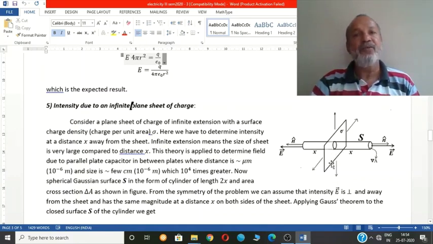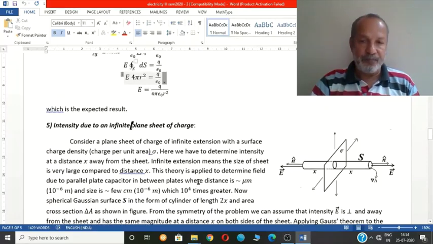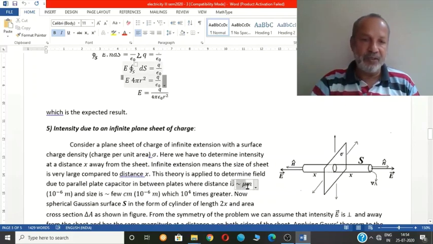Actually, this is true in the case of a capacitor, because between capacitor plates, the distance will be of the order of micrometer, which is 10 raised to minus 6 meter.